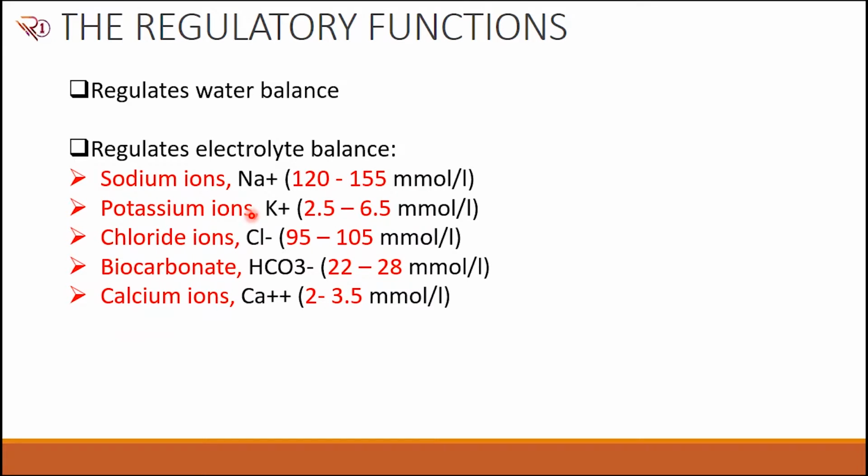Sodium ions, its value is approximately 120 to 155 millimole per liter. Potassium ions 2.5 to 6.5 millimole per liter. Chloride ions 95 to 105 millimole per liter. Bicarbonate 22 to 28 millimole per liter. Calcium ions 2 to 3.5 millimole per liter.